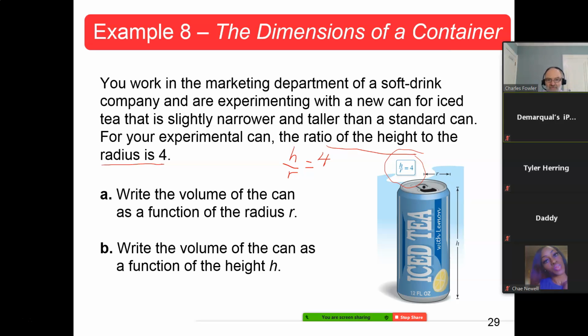The volume, most of the time on regular shapes like this, is equal to the area of the base, that's why I make it a capital B, times the height. Well, what is the area of this base?